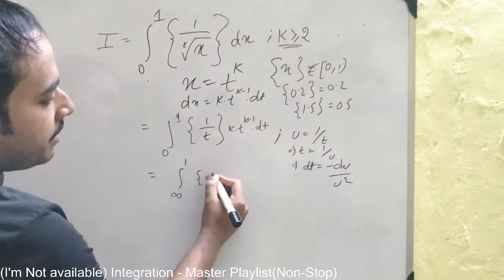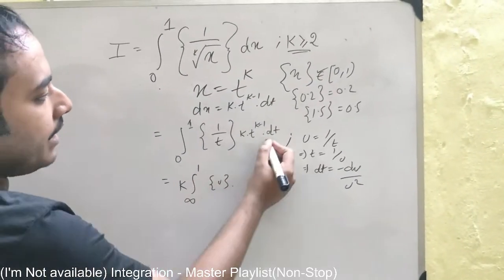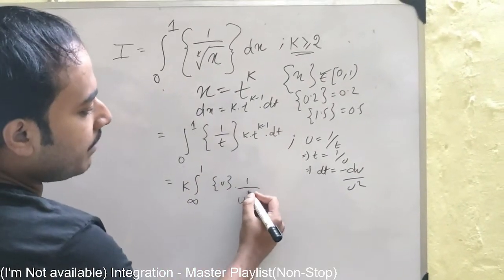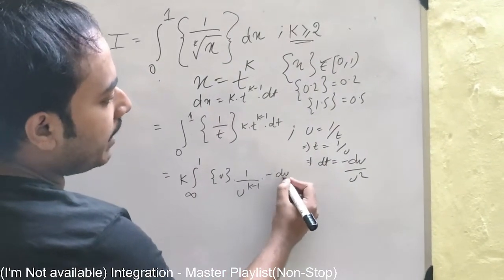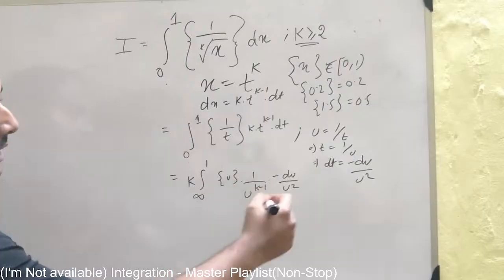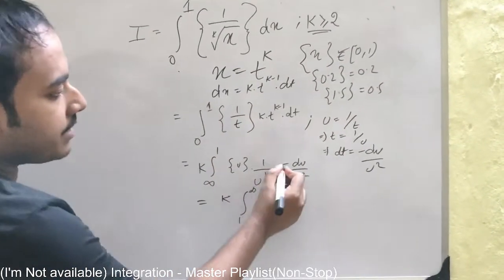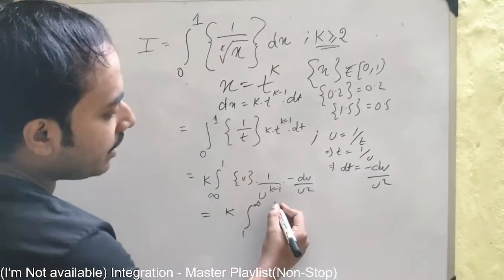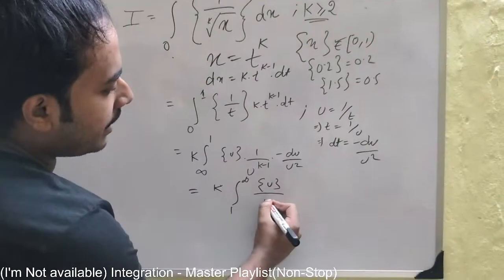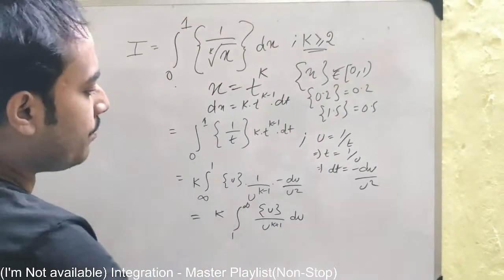Inside we have fractional part of u, k is as it is, let's put it outside, and then t to the power k minus 1 becomes 1 by u to the power k minus 1, and dt becomes minus du by u square. We can simplify this and write this as k times integral 1 to infinity, since the minus sign basically reverses the order of integration here. Fractional part of u divided by u to the power k plus 1 du.